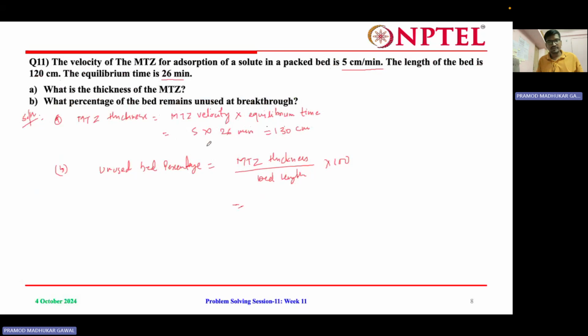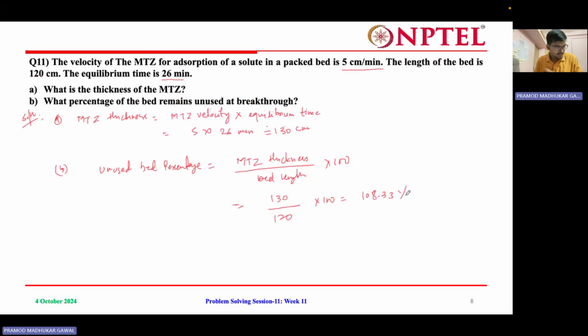The thickness of MTZ we calculated is 130 and bed length is 120. So 130 divided by 120 into 100 gives 108.33%.